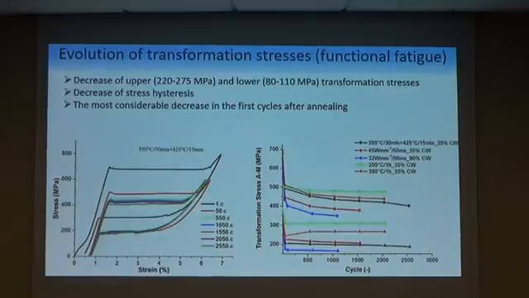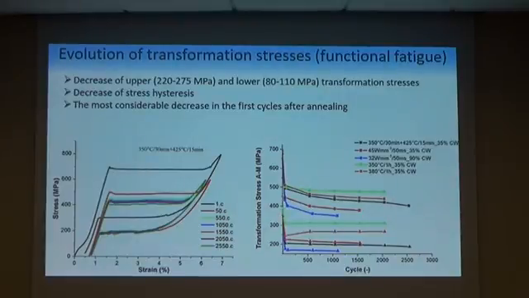You can also observe an accumulation of permanent strain and also moderate shortening of transformation strain. As I mentioned, the most significant is the decrease of upper plateau stress, and the decrease of lower plateau stress is less significant.